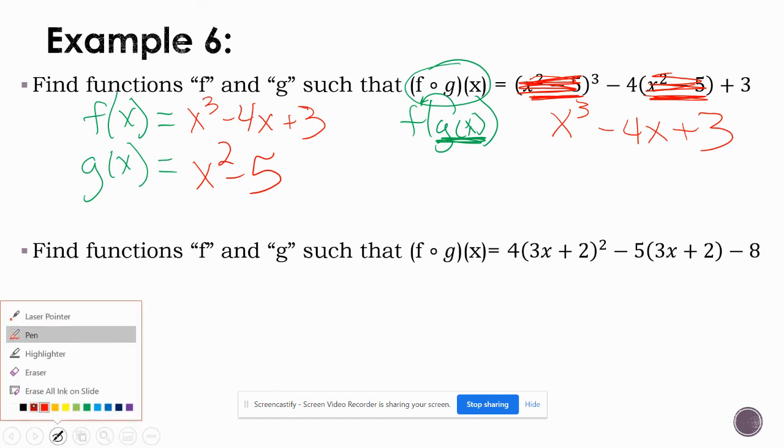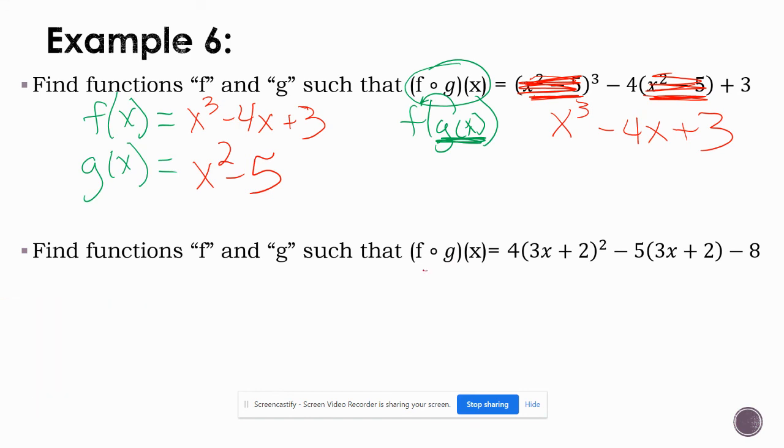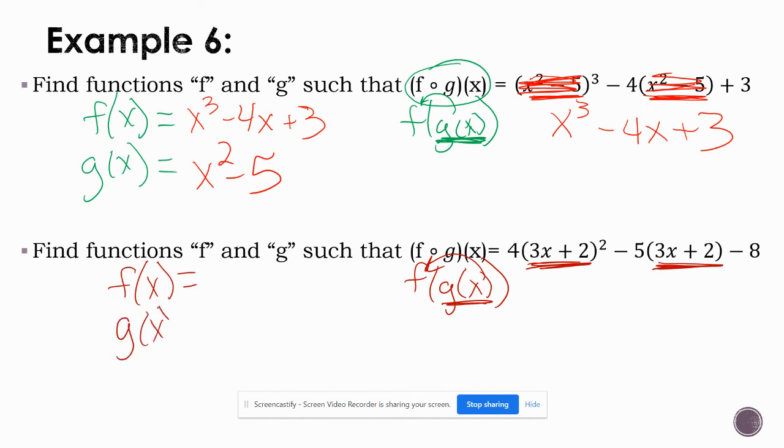Let's try that again. This is saying we did f of g of x. We put a function g into function f and wrote this new part. So where's our parentheses? Our parentheses are here. Those two are the same. And so 3x plus 2 is what was plugged in for function f.